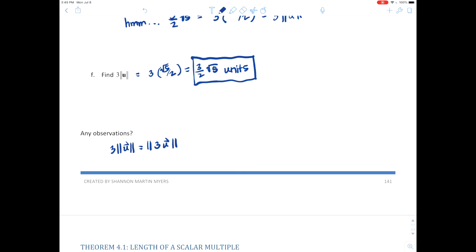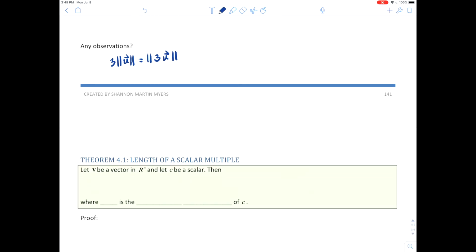But what if that scalar had been a negative? What do you think? Well, it ended up being squared, right, in the radical. And so the principal square root of a number is what? Beautiful. The absolute value of that number. That's if you have a constant.